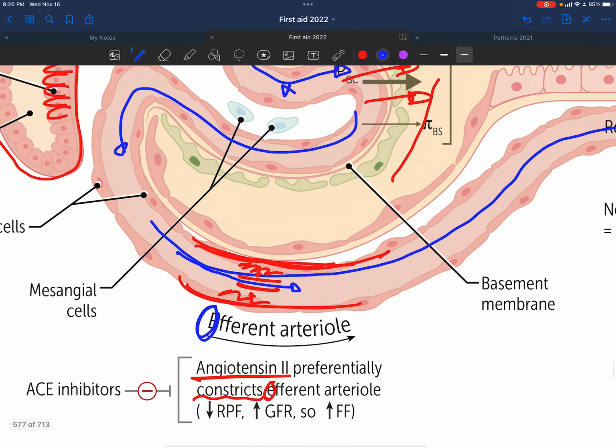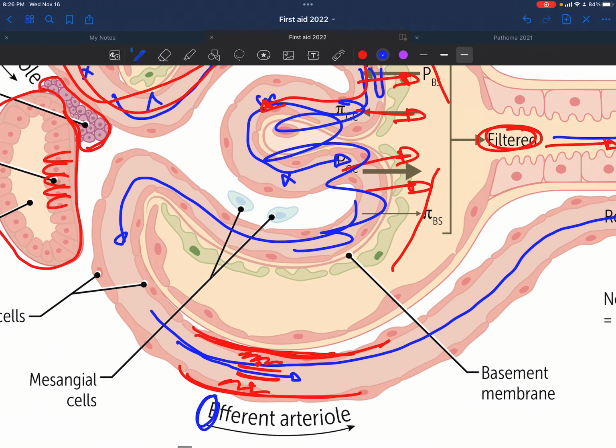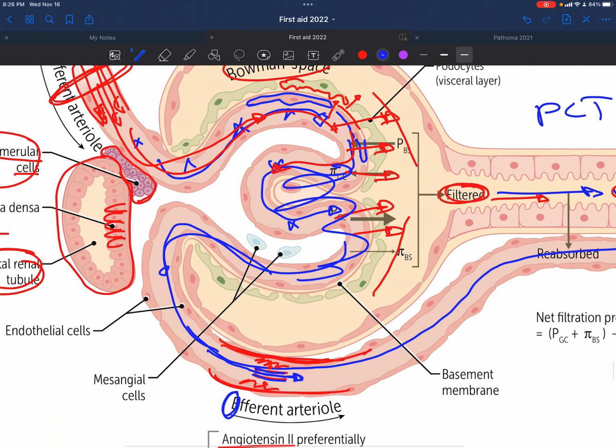All of the blood that was here is supposed to go out through this teeny tiny vasoconstricted vessel, which means the blood has to stay here for a longer period, so much more material is being filtered out into the Bowman space.